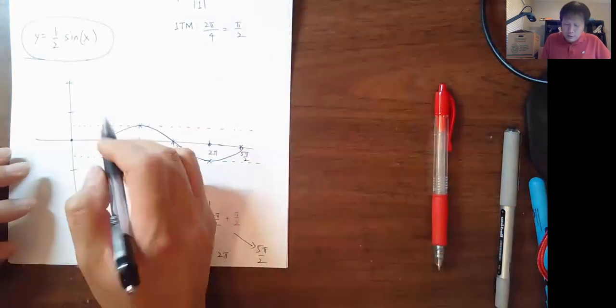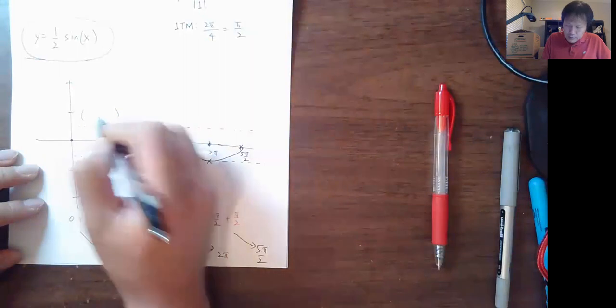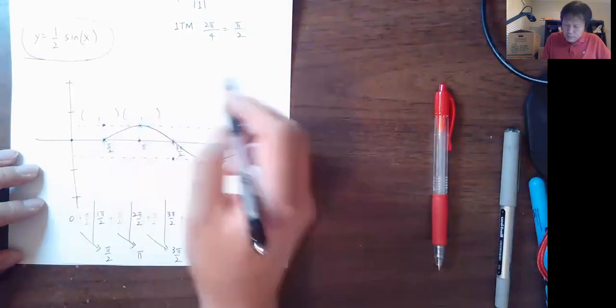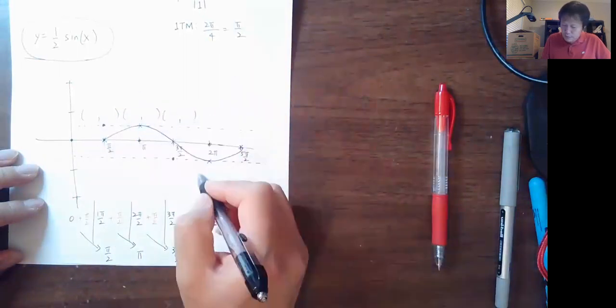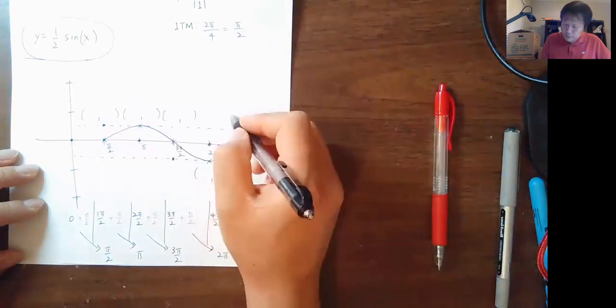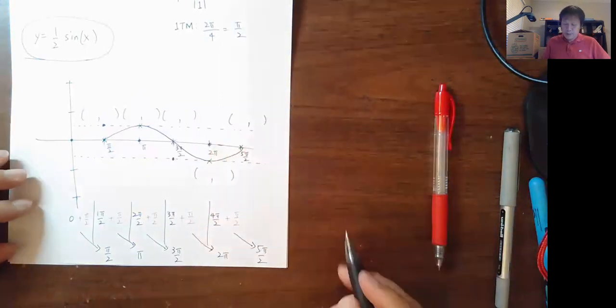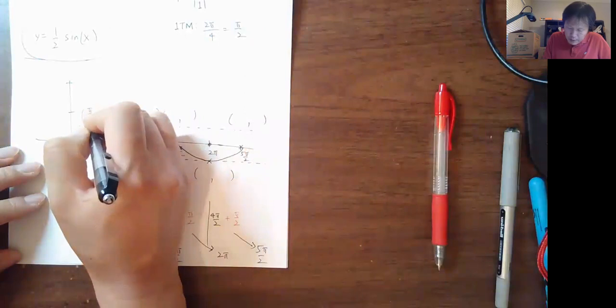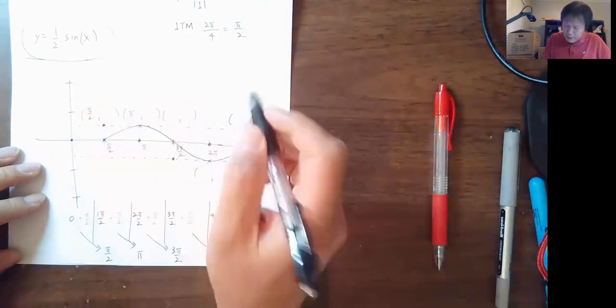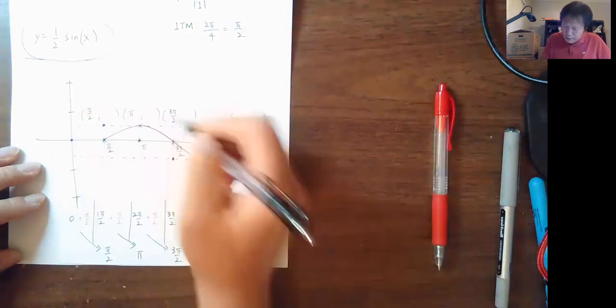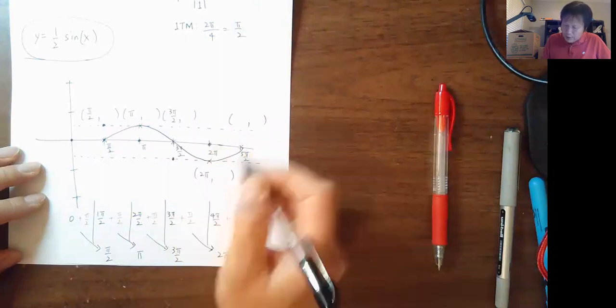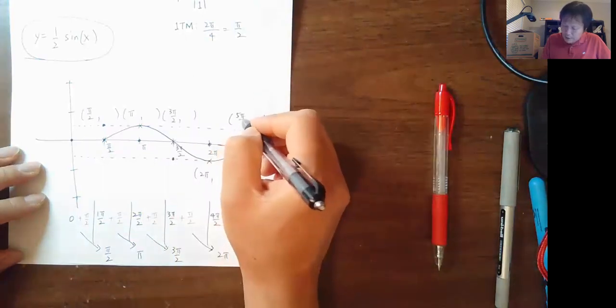You do need to write down the coordinates. Here, here, here, here, here. That was pi over 2, pi, 3 pi over 2, 2 pi, 5 pi over 2.